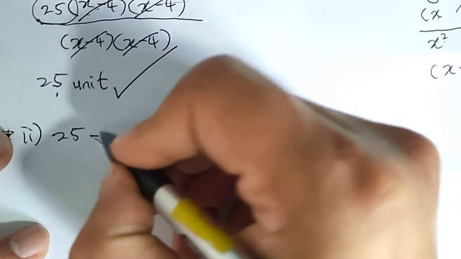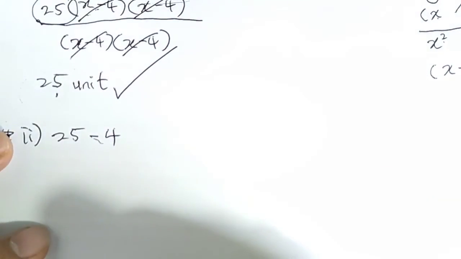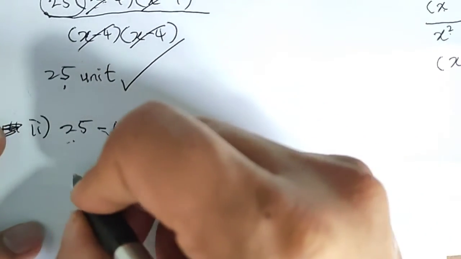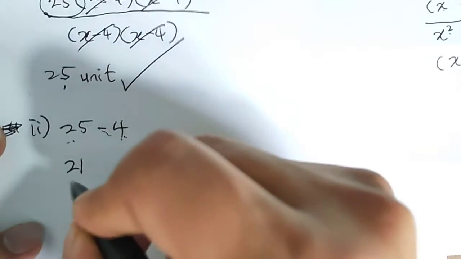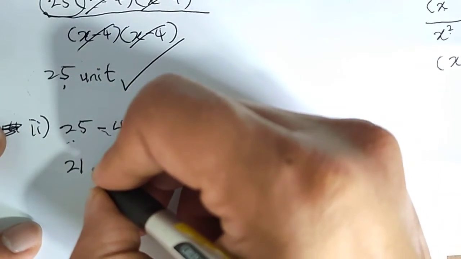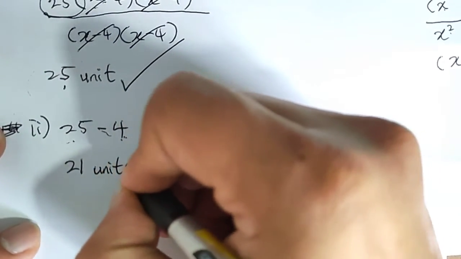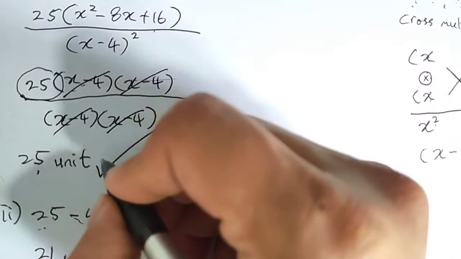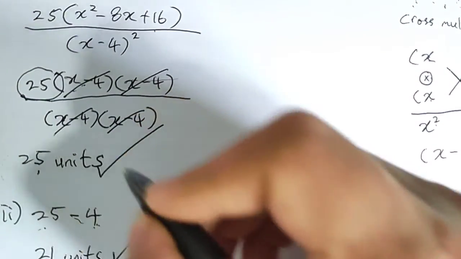So minus 4, correct? And all that is left, we do the mathematics. 25 minus 4, we get 21 units. There it is. This is also units, put an S there. Okay.